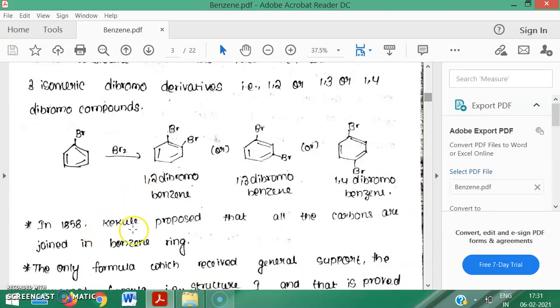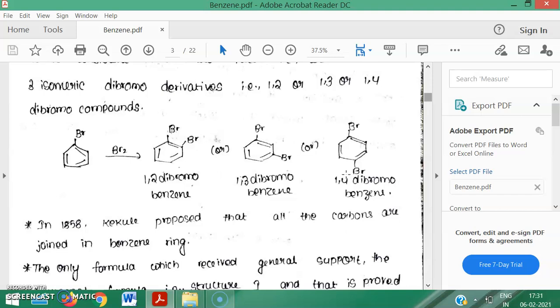In 1858, Kekulé proposed that all the carbons are joined in a benzene ring. This simple structure gives three dibromo-substituted isomers, but the fifth compound, which has six similar hydrogens, doesn't give these three isomers.